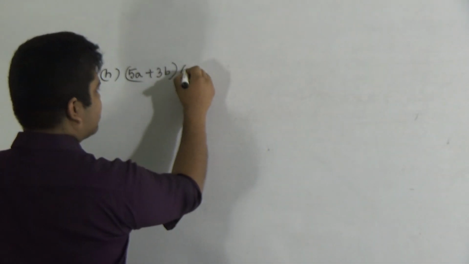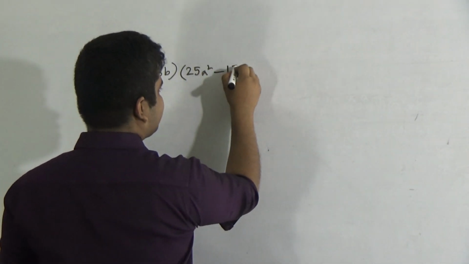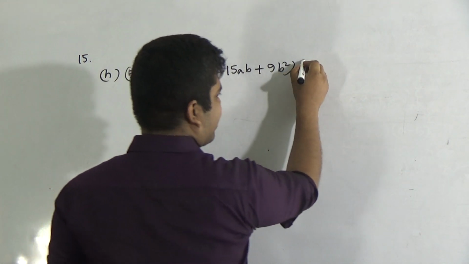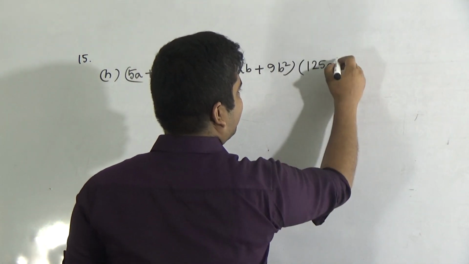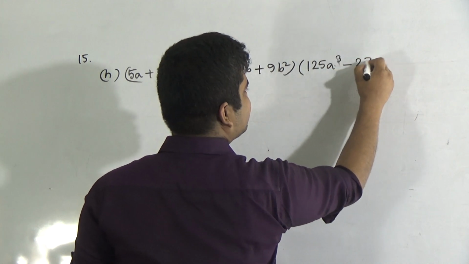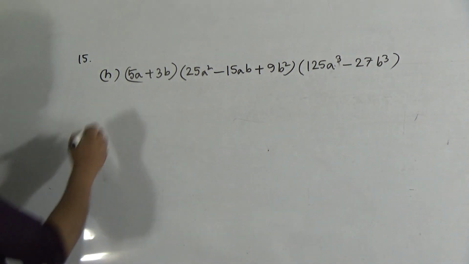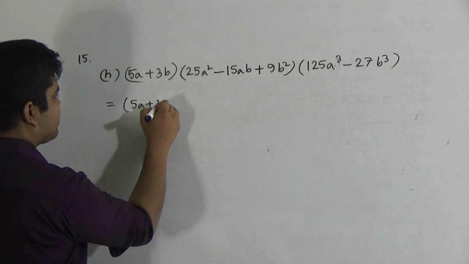A's number question. 5a plus 3b, 25a square minus 15ab plus 9b square, 125 a cube minus 27b cube. Okay, now please notice 5a plus 3b.